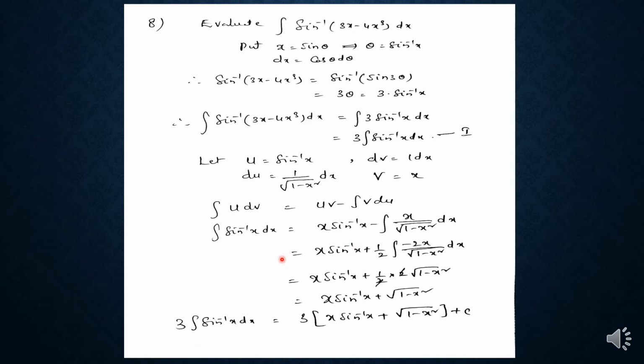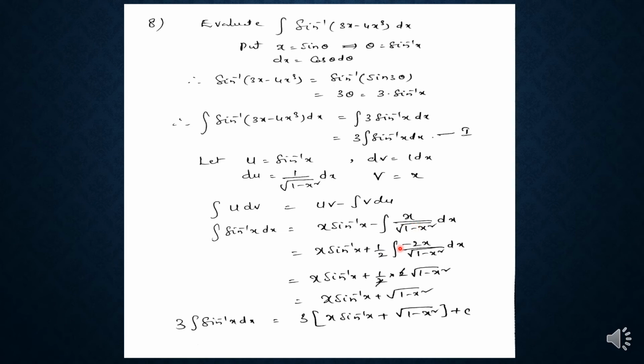That is x sine inverse x plus 1 by 2 into 2. To integrate this function, check whether it is in the form of f dash x by f of x. Here f of x is 1 minus x square, f dash x is minus 2x, but in the numerator we have only x.